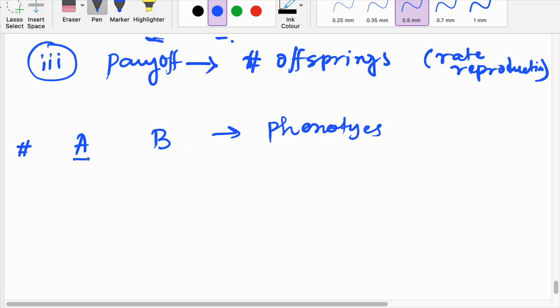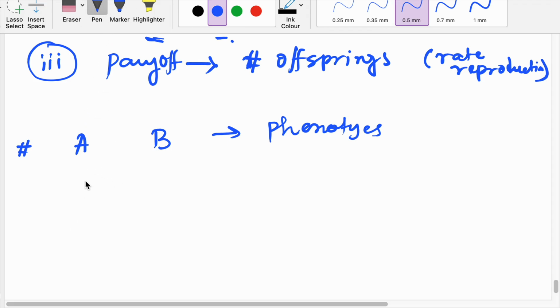A has one characteristic, B has another characteristic. Suppose A may be black hair and B may be red hair. These two are called the phenotypes, or maybe simply types.